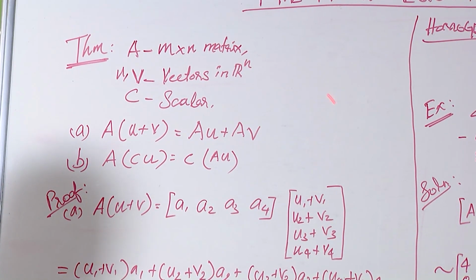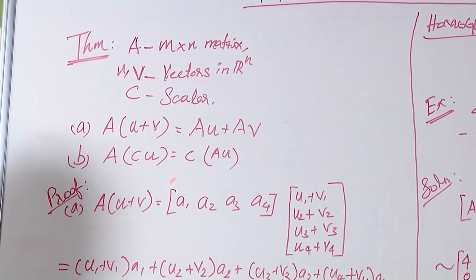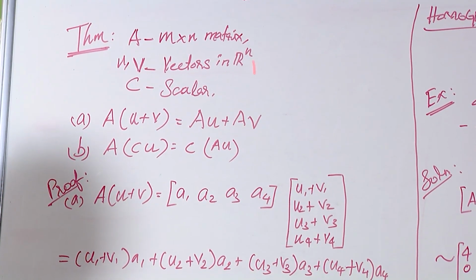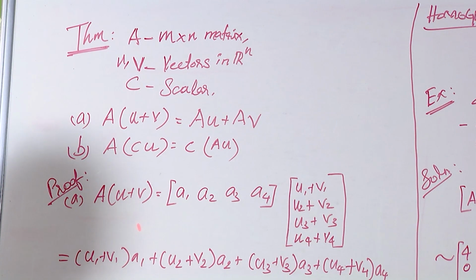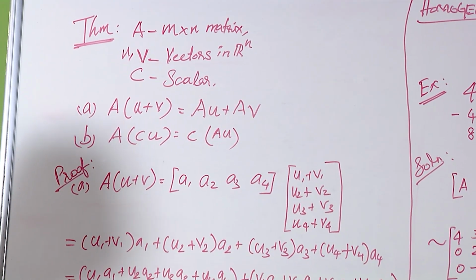In order to prove the first part, I am considering A(u + v). You have to note A is a matrix, u and v are vectors taken from R^n. Therefore, u + v is also a vector in the same space R^n. Now, for our convenience, I have taken n to be 4.